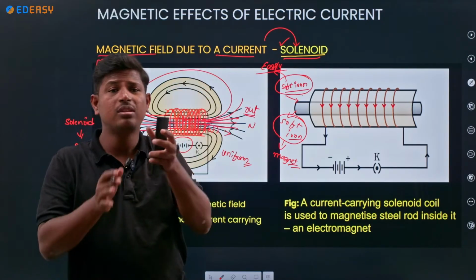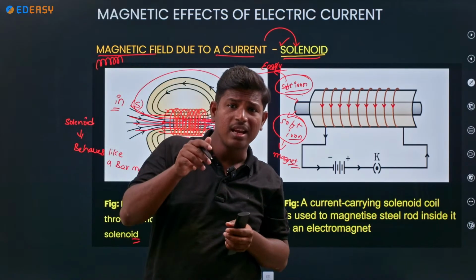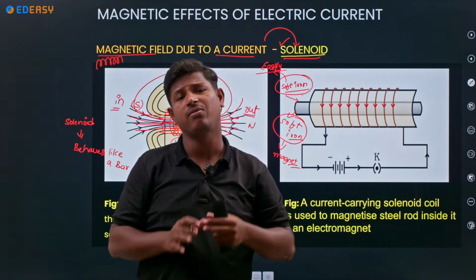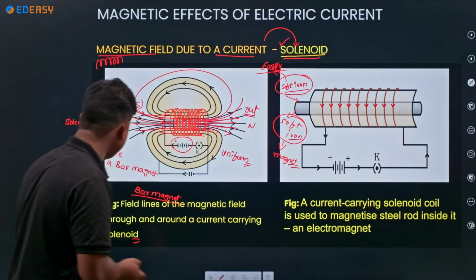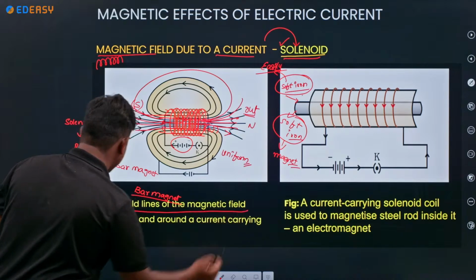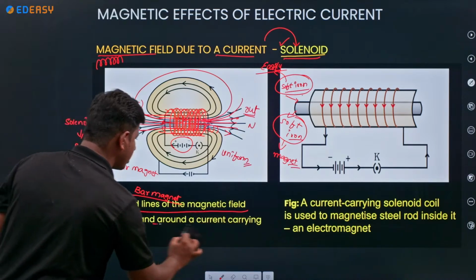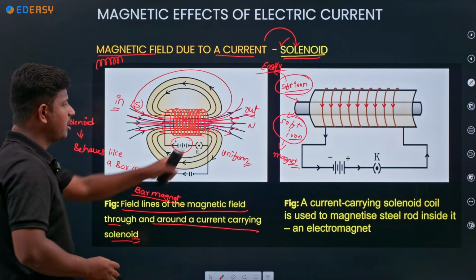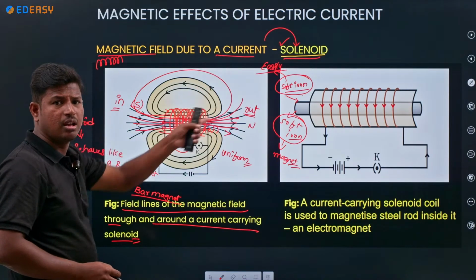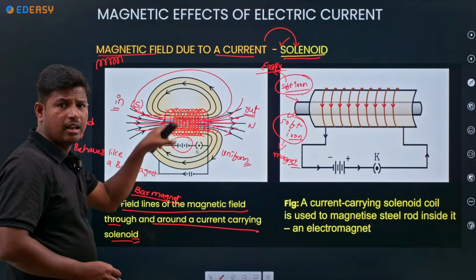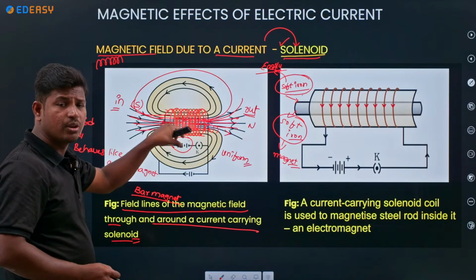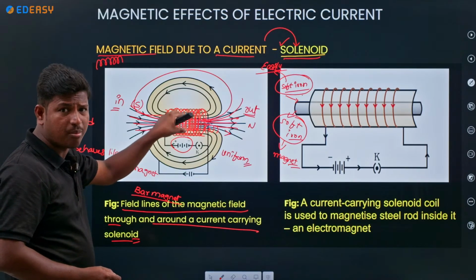And how is the field inside the bar magnet? It's a uniform magnetic field. Okay, see, the field lines of the magnetic field around a current carrying solenoid: north pole outside, south pole inside, uniform magnetic field lines like a bar magnet.